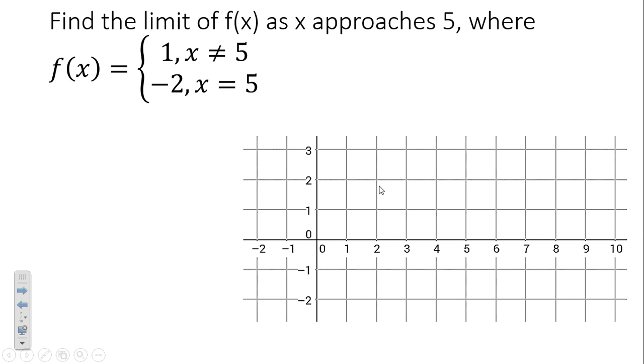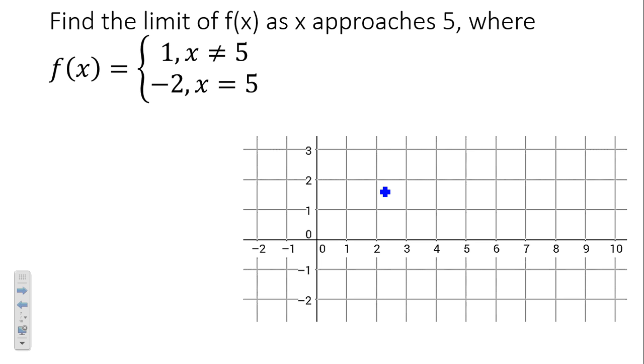What is f of x actually? What can we replace that with? Y. So if y equals 1, what kind of line are we going to have? Horizontal, right? So y equals 1 everywhere except provided x is not equal to 5.